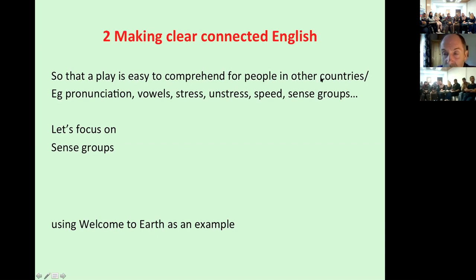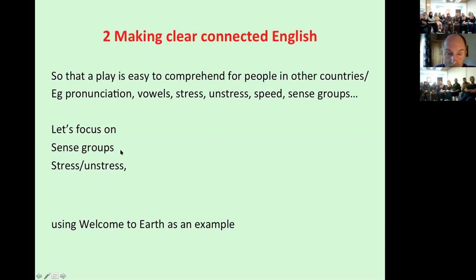So in the sense group, everything's joined up, but between sense groups, it's not. Now, it's not always like that, of course, in rapid English, but it's a really useful way for students to learn. So we're going to have a look at sense groups in just a moment in that play, Welcome to Earth.